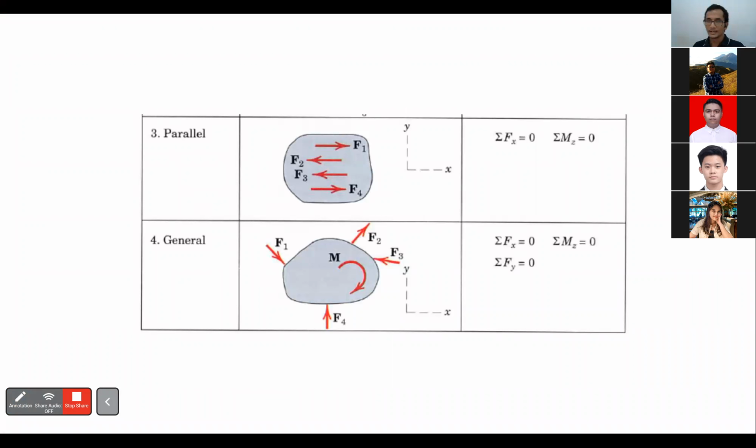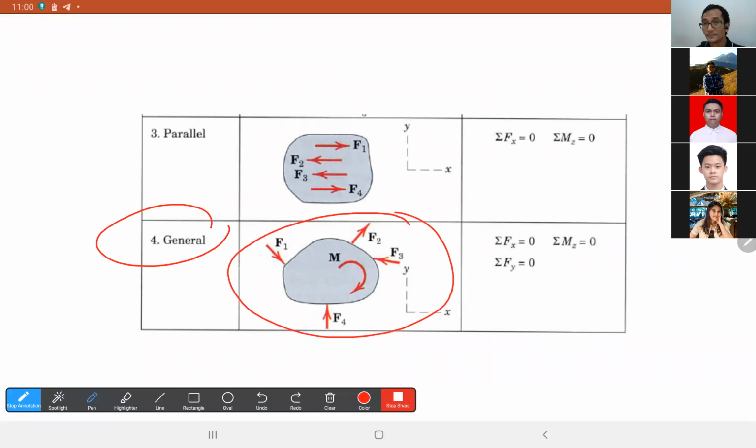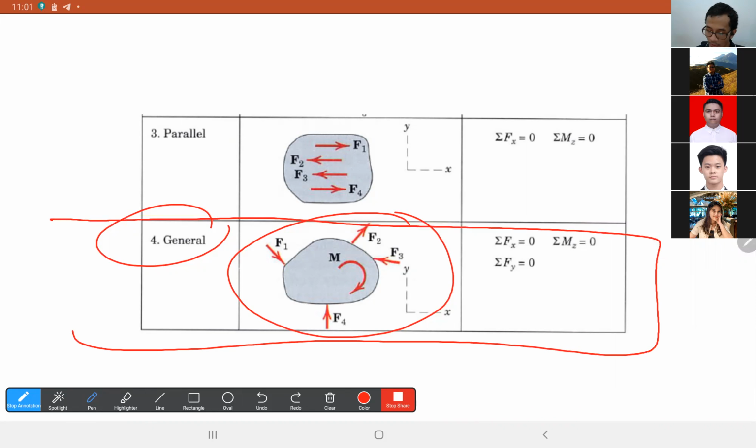But unluckily for you guys, most of the problems are like this. So this is the general problem. In order for you to handle all the problems easier, it is always good to treat all the problems as a general problem.